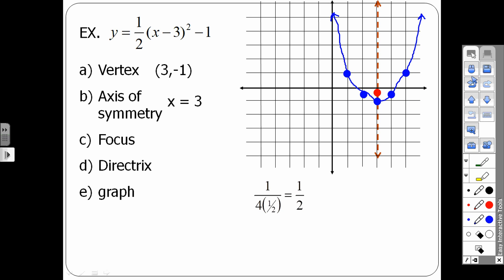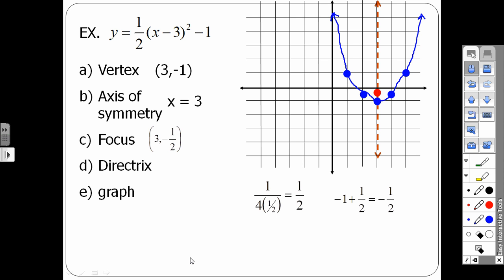I'm going to be adding 1/2 to the y coordinate of my vertex, because I'm moving up. So I'm going to take this number, -1, and add 1/2 to it. So I get -1/2. So my focus is going to be the same x coordinate, because I'm still going over 3 units, and then I start down here at -1 and add 1/2, and I get -1/2.